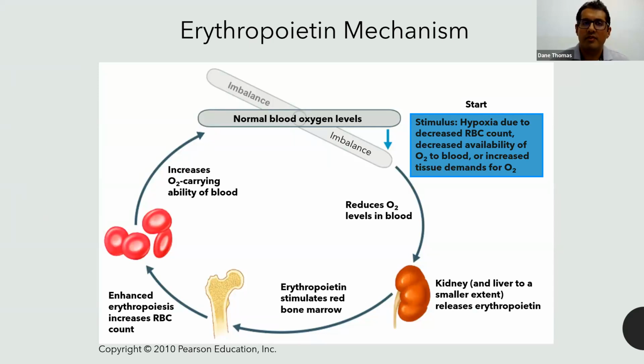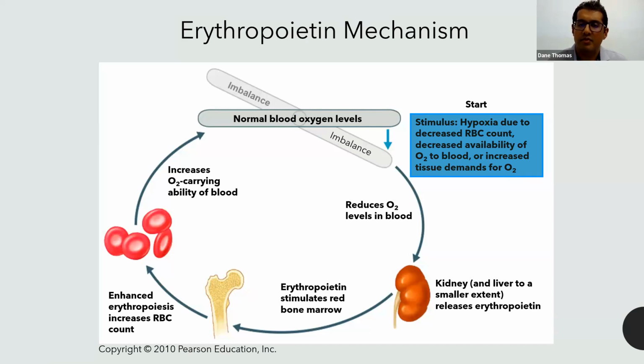This slide is a reference slide to talk about what erythropoietin is and the mechanism behind it, and how it relates to the production of red blood cells. So if you look here, when there is a hypoxic state in the body, there is reduced oxygen in the blood.